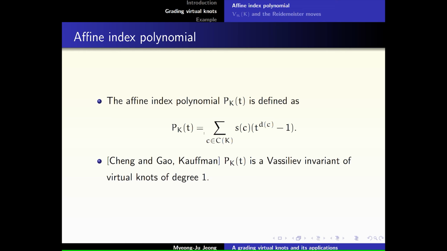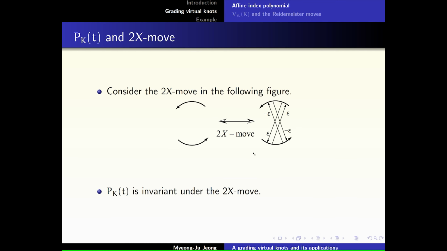It is defined as the sum of sign multiplied by t to the degree of c minus 1. And this is an invariant of virtual knots, and in particular, it vanishes for all virtual knots with more than one crossing. So it is a finite type invariant of degree 1.